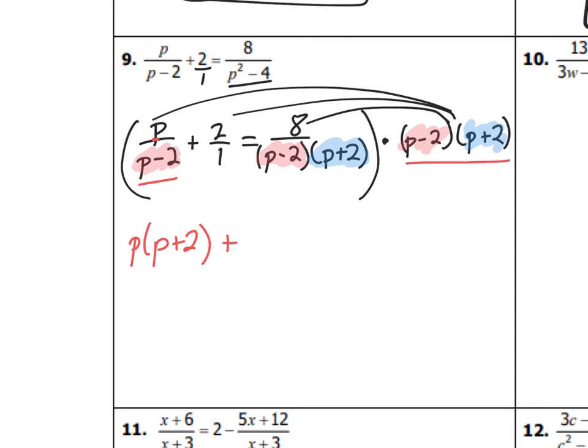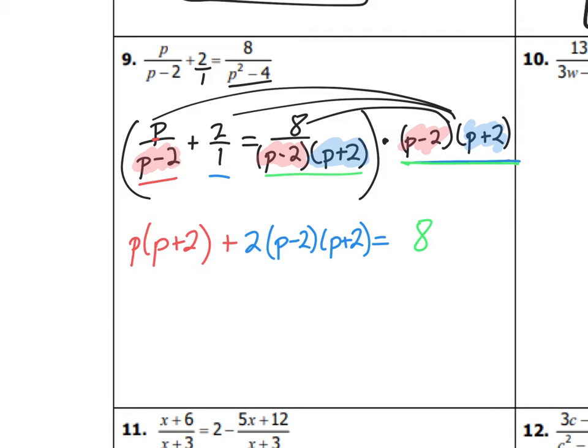To get from 1 to p minus 2, p plus 2, what do I multiply by? Both of them, right? So I've got 2 times p minus 2, p plus 2. Keep the equal sign. And now to get from p minus 2, p plus 2 to p minus 2, p plus 2, nothing or just 1. So 8 times 1 or 8. Just leave it alone. Just keep the 8. Cool. Questions on how I got that far so far?